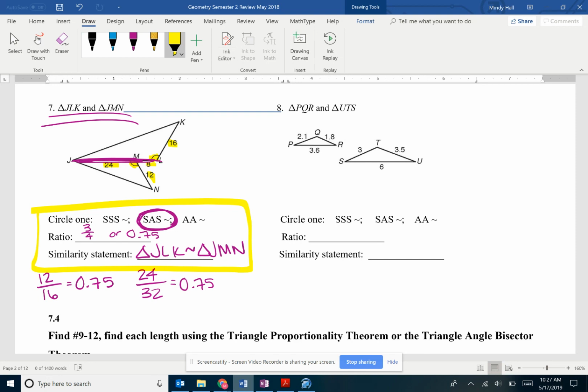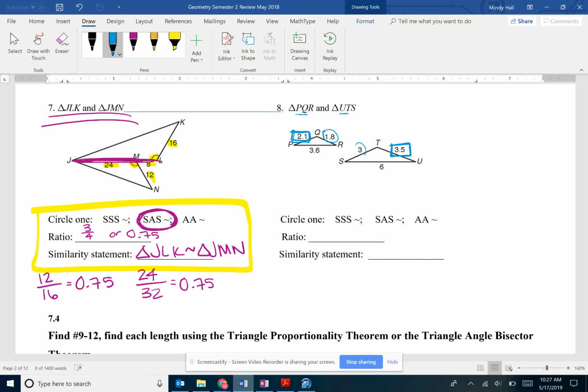Okay? So then for number 8, we are going to find our corresponding parts first because this one's kind of a doozy. So PQ is here, and it's going to correspond to UT. So just like the other one we did, they don't necessarily correspond to the parts you want them to. So then QR is 1.8.